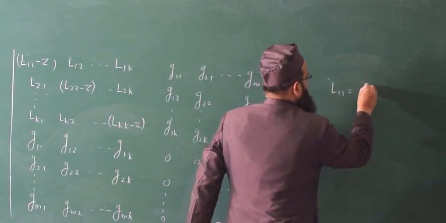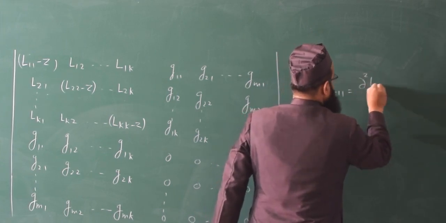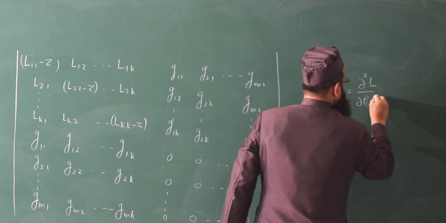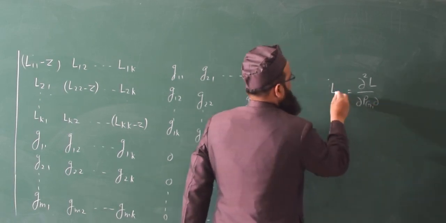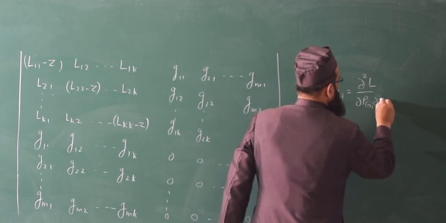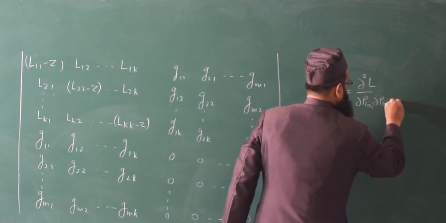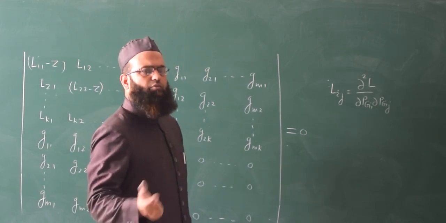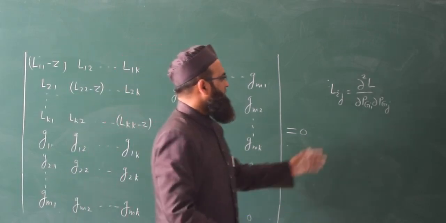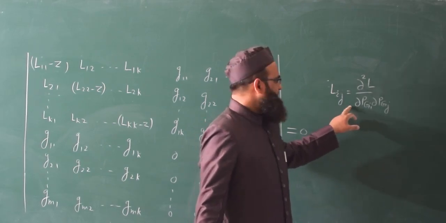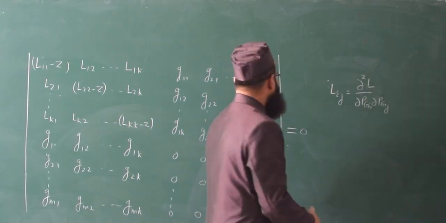L11 is nothing but del 2L upon del Pg1 squared. Generally, Lij is del 2L upon del Pgi, del Pgj. The Pgi are our variables. Suppose x1, x2, so we would write del x1, del x2 like that. Here we are having our variables in terms of Pgi, so del Pg1, del Pg2, right.